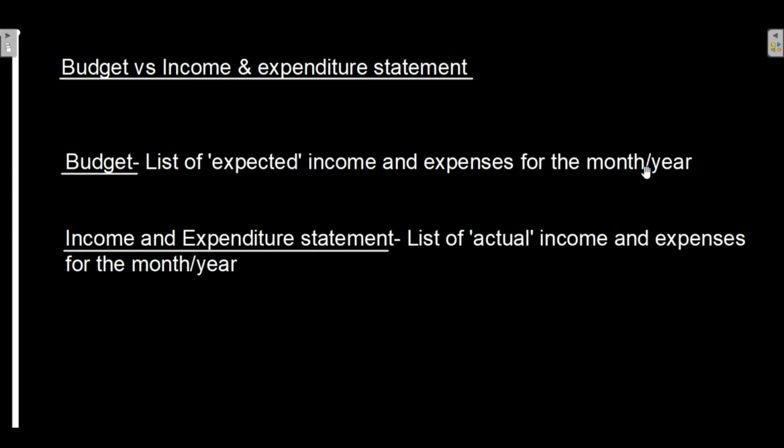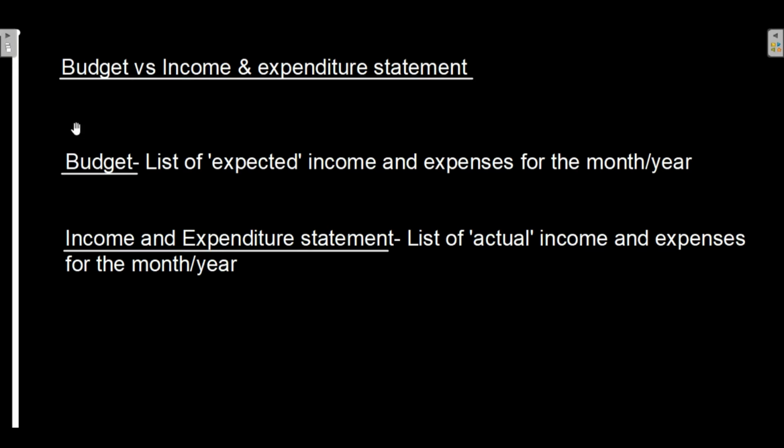Could be for that particular month or a particular year. Now, when we say expected, we mean that you actually draw up a budget before the income and expenses are recorded, before you incur these expenses, before you receive that income. So this is written before the actual income and expenses.